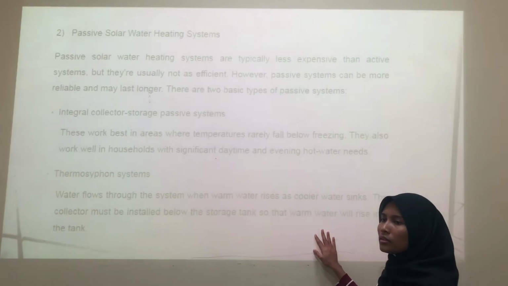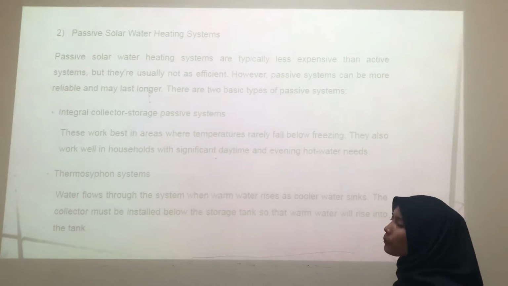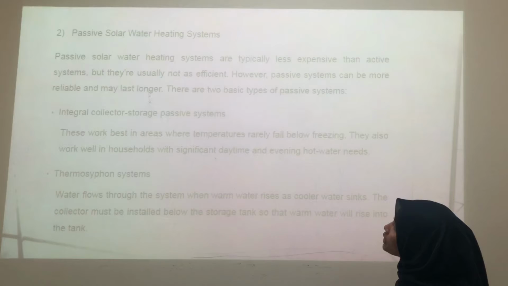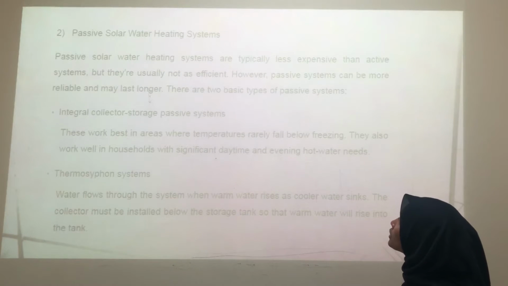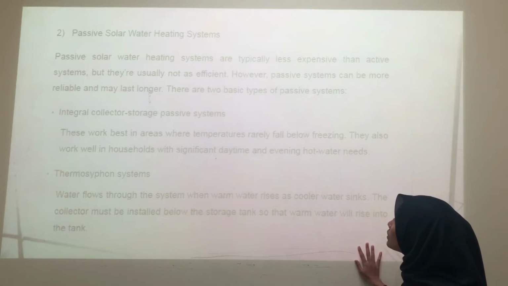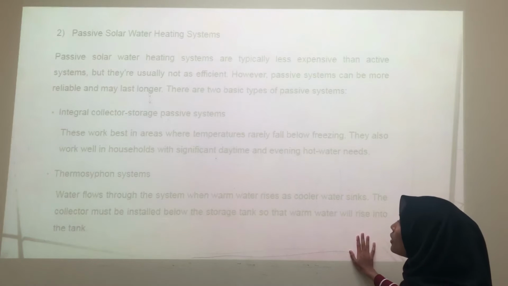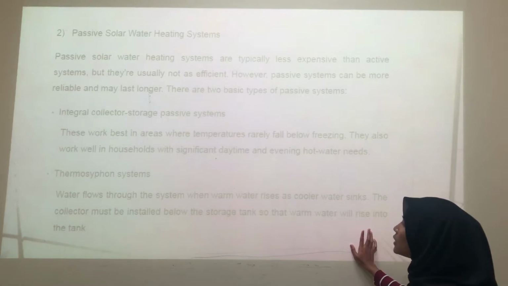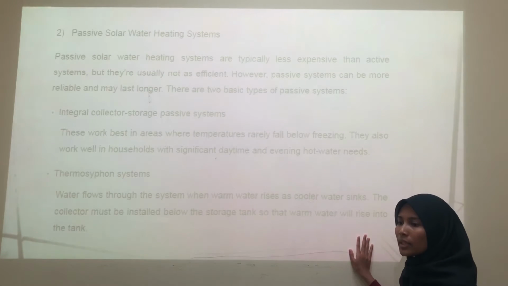Then thermosiphon system. Untuk the first, this works best in areas where temperatures rarely fall below freezing. They also work well in households with significant daytime and evening hot water needs. Untuk kedua, water flows through the system when warm water rises as cooler water sinks. The collector must be installed below the storage tank so that warm water will rise into the tank.